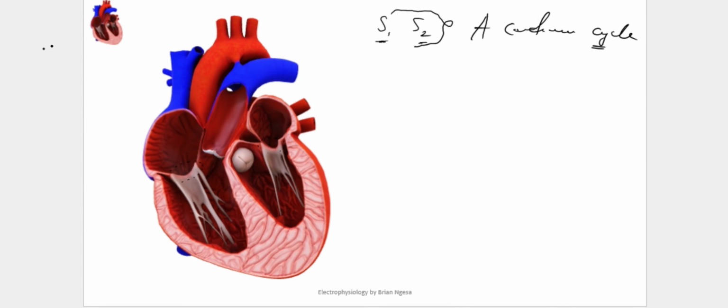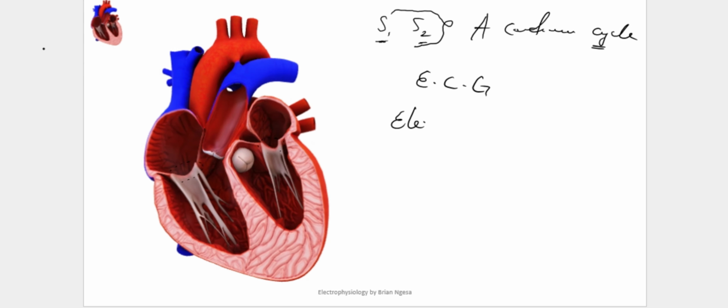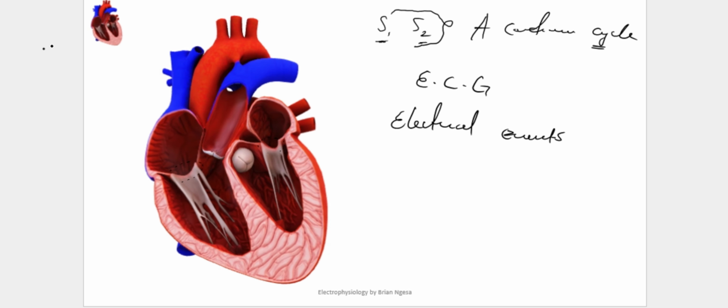But an alternative way of representing a cardiac cycle is through an ECG, whereby we are focusing more on the electrical events that are taking place in the cardiac muscles, or rather in the heart.